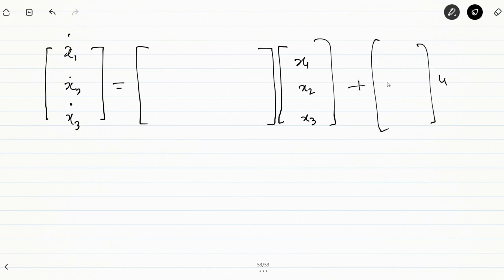So x1 dot was minus Ra by La times x1, minus Kb by La times x2, and 0 times x3, plus 1 by La times u.